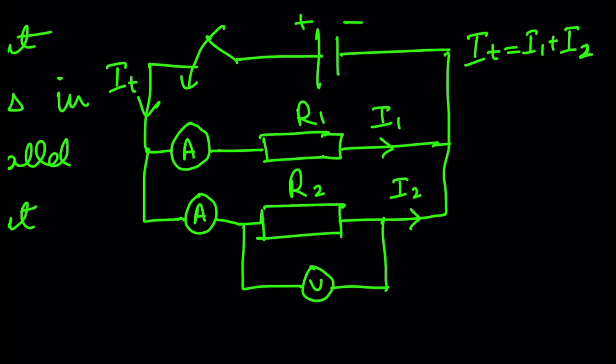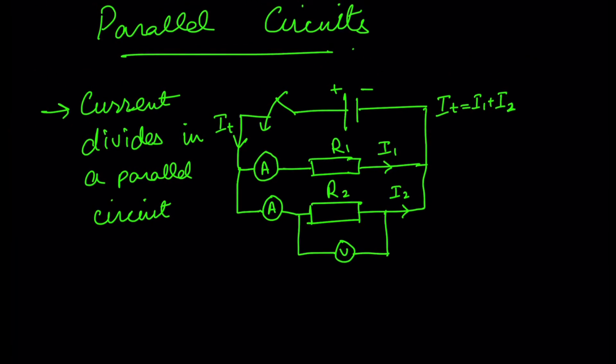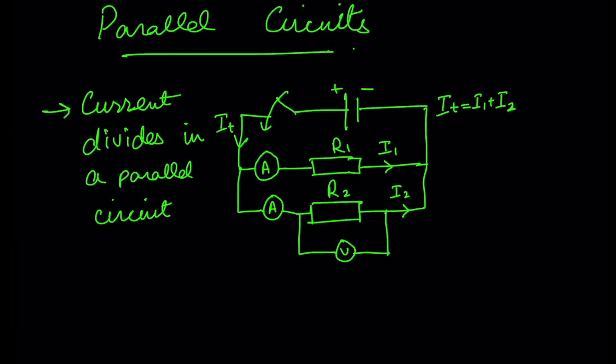Okay, that's how the current will behave in a parallel circuit. So the current divides in a parallel circuit. I'll write down this equation on this side. So IT is equal to I1 plus I2.